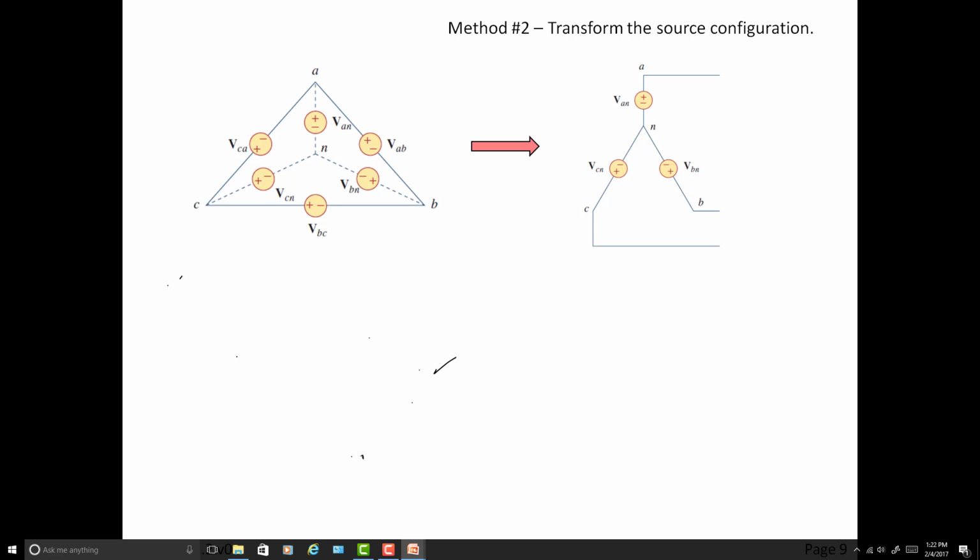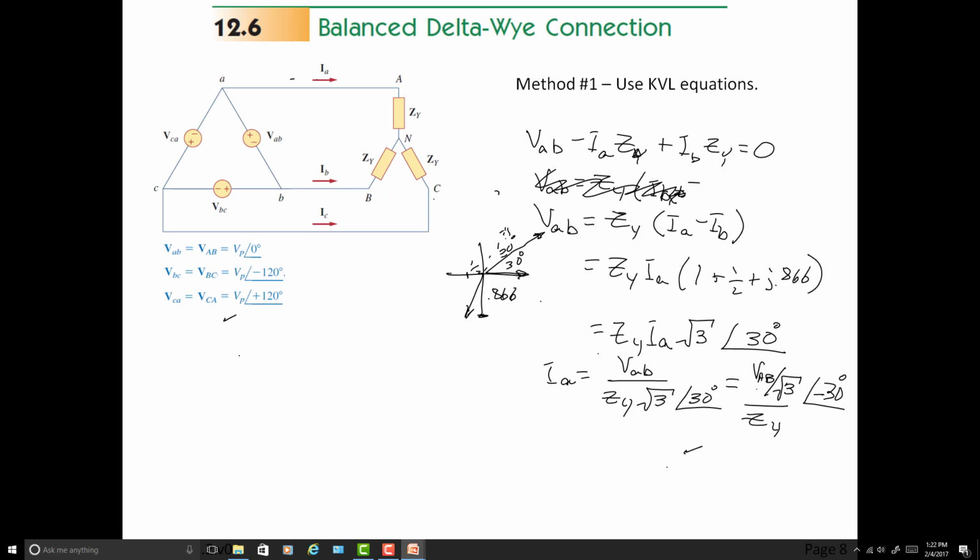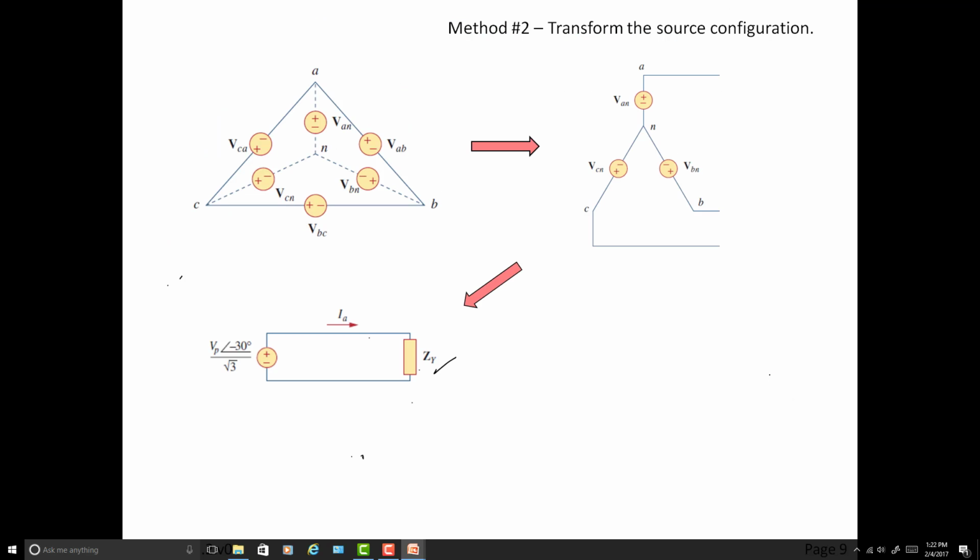And by the way, that's pretty similar to what happened right here when I transformed this, right? I really ended up burying the idea that here was a source transformation. And when I do that, I end up with all three of these sources transformed into the Y, and now we've converted all the analysis into a YY analysis, and we'll be back to the same thing.